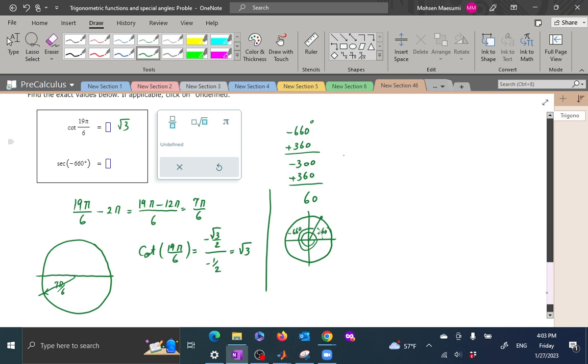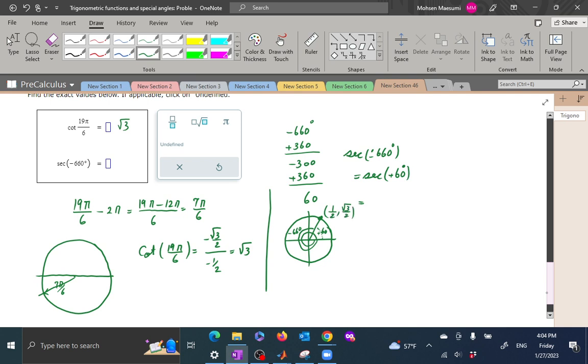Now what? I want secant of minus 660. Well, that's the same as secant of plus 60. And secant is what? Secant is 1 over x. So this point has coordinates what? 1/2 and radical 3 over 2. Is that right?